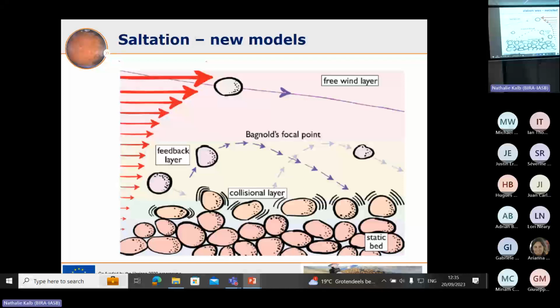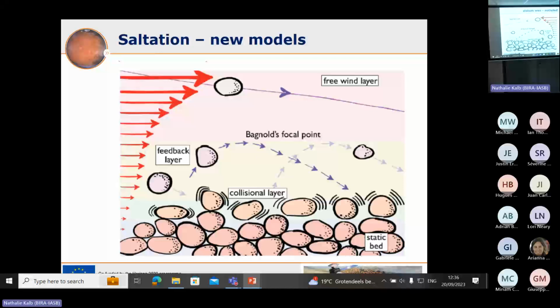So they claim that there's actually three layers to this saltation process. There's the feedback layer where you've basically got this interaction between the wind flow and the sand grains that are talking together. So a lot of the kinetic energy transport is actually in the form of sand grains in this layer.